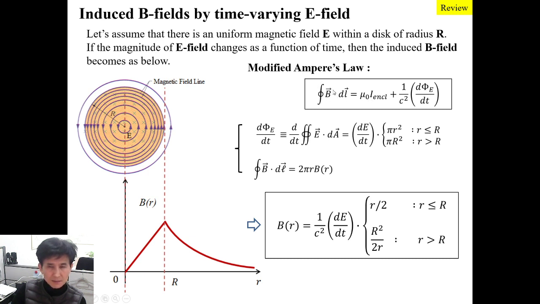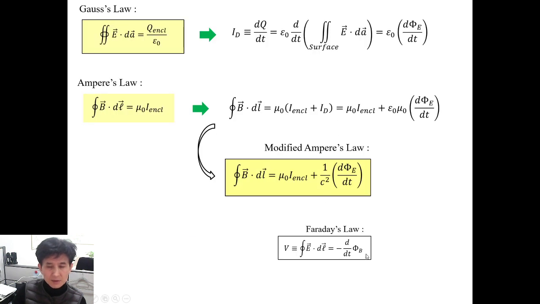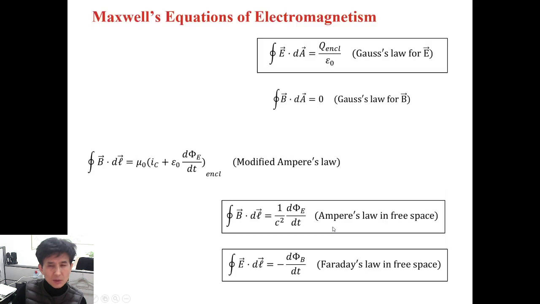That's the modified Ampere's law. Similarly, if there is a change in magnetic field, it can generate an electric field. So these two equations, Ampere's law in free space and Faraday's law in free space, are very similar, and they state that a change of electric field can generate a magnetic field, and a change in magnetic field can generate an electric field.